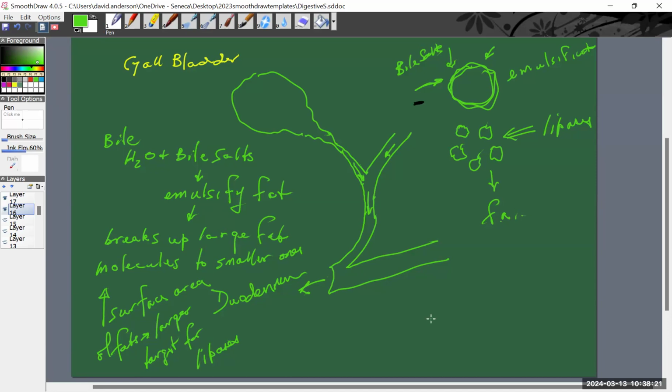Now, there's a hormone, and we're going to talk about the hormones at the very end of today. But just so we get some of it, there's a hormone called cholecystokinin. A kinin is a general term for something that encourages an action or a function.